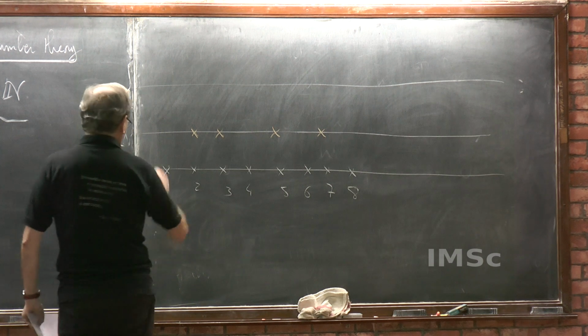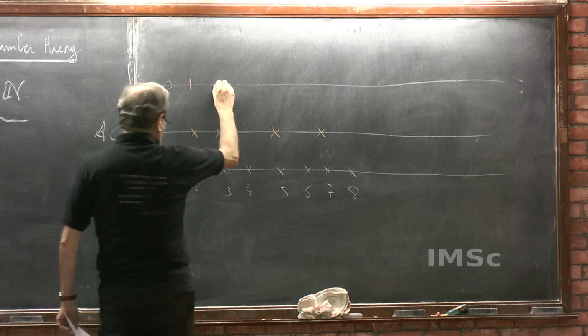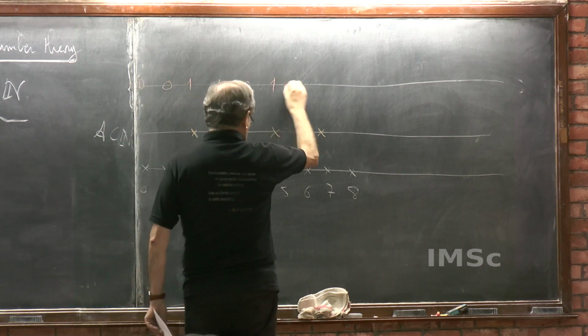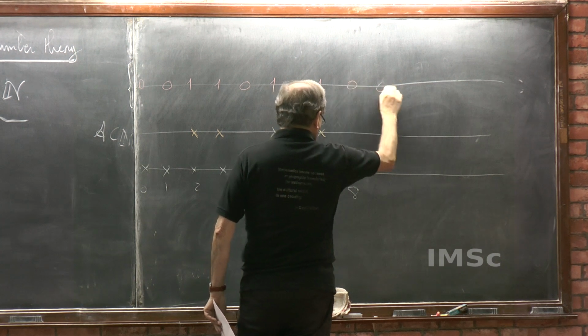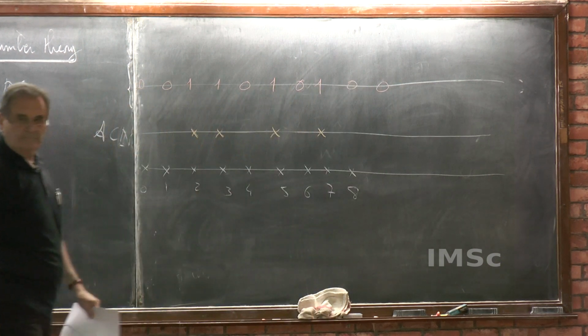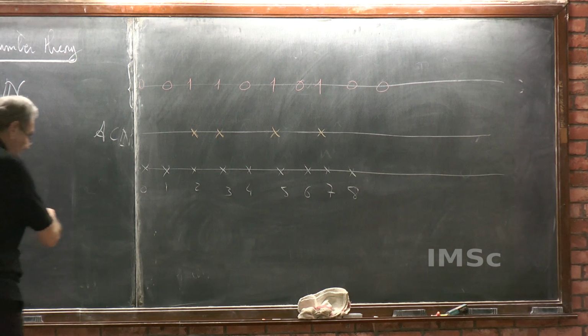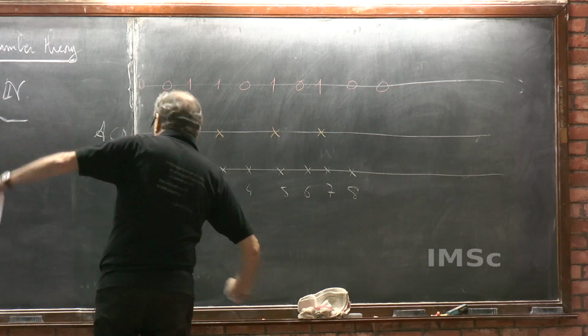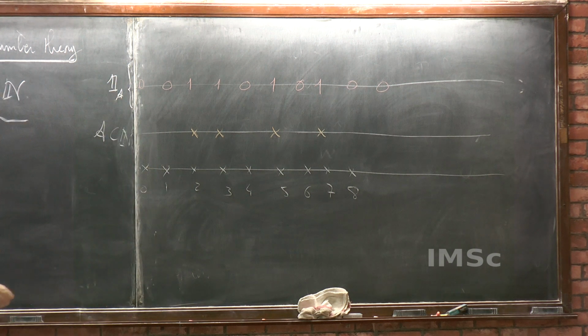Instead of looking at a subset, I look at something which is 0, 0, 1, 1, 0, 1, 0, 1, 0, 0, and so on. So this is now something which is what I was describing before as something like 1_A.